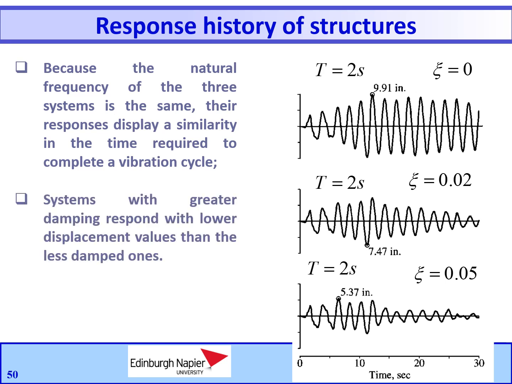We observe the expected trend that systems with more damping respond less than lightly damped systems. Because the natural period of the three systems is the same, their responses display a similarity in the time required to complete a vibration cycle and in the times the maxima and minima occur.